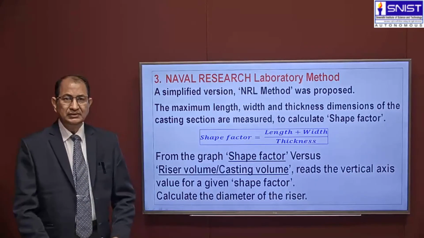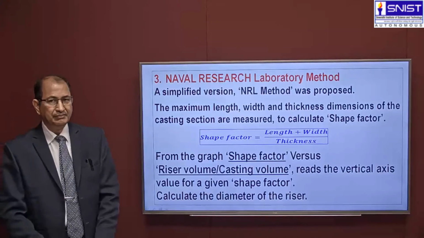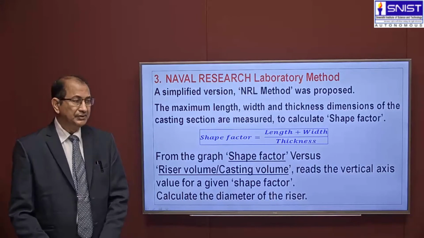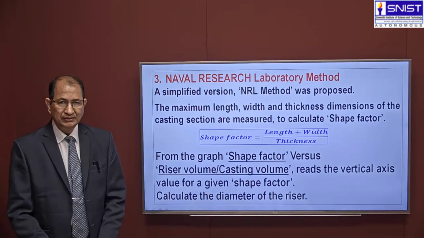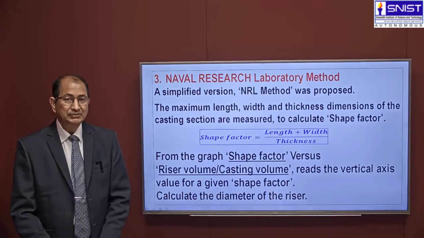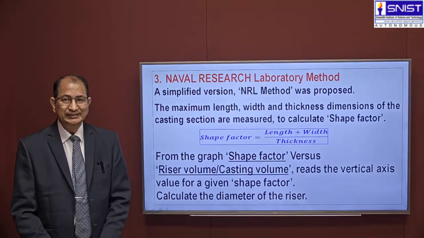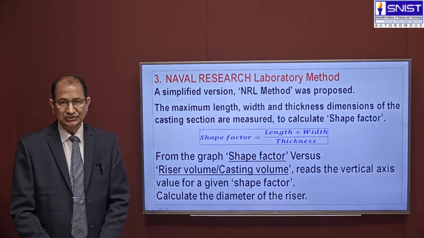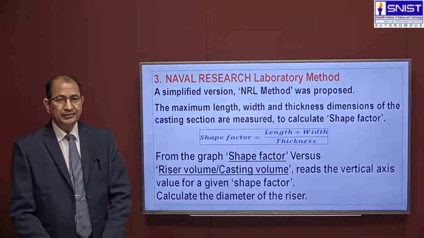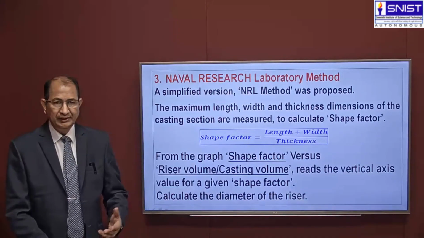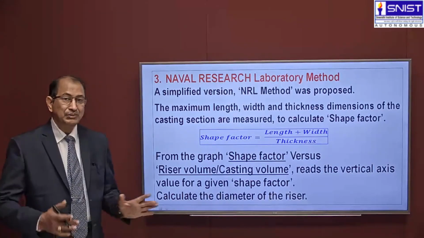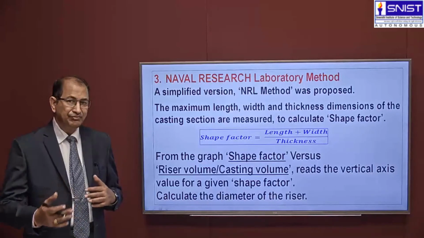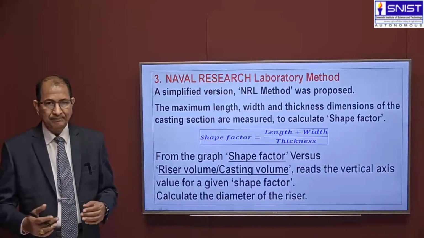The third method is the Naval Research Laboratory method. It's a simplified version. Another method was proposed. The maximum length, width, and thickness of the casting section are measured. The casting sections will vary, but you will take the maximum length, maximum width, and maximum thickness.